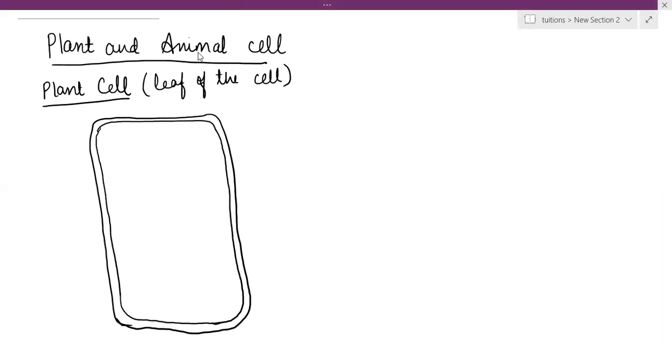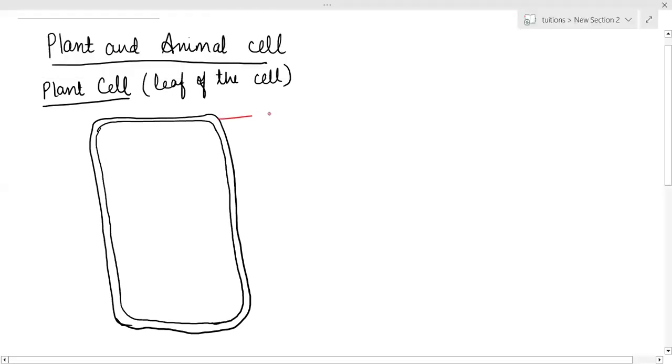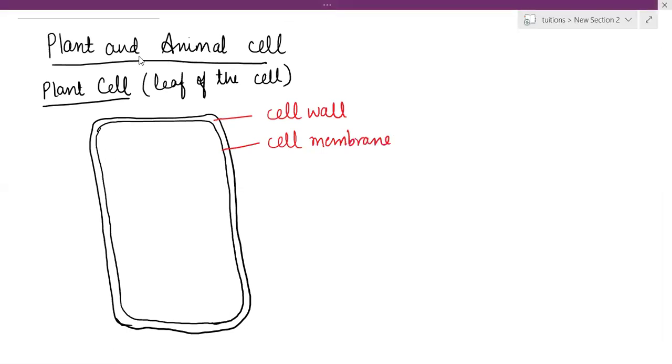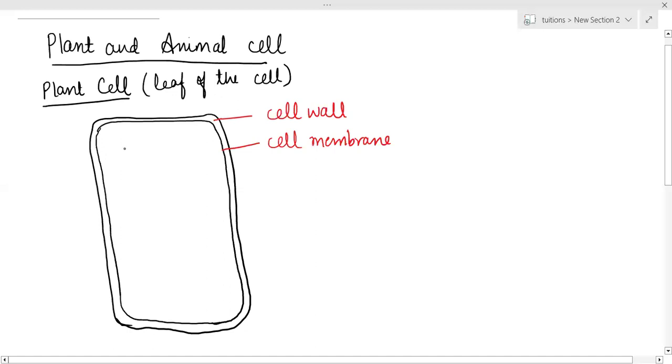Then the most prominent organelle, the most complex organelle you're going to study, is the nucleus.